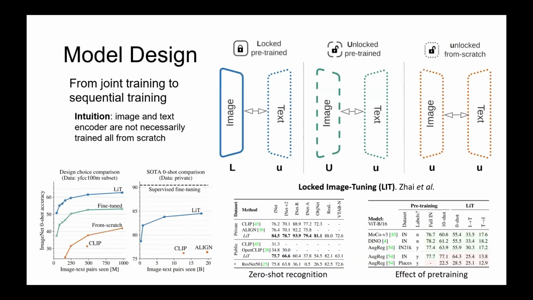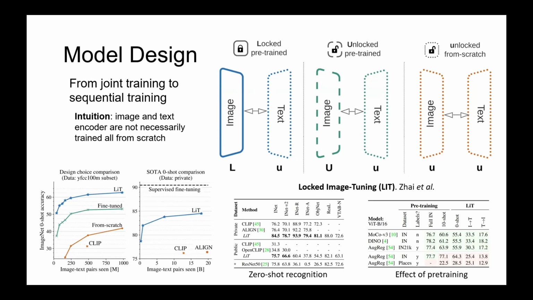Another model design is proposed by Google. The method is called LiT. What if we do not pre-train all of them from scratch? What if we just fix the pre-trained image encoder and then just tune the text encoder to match the image representations? Indeed, this works. I think it works because of two reasons.